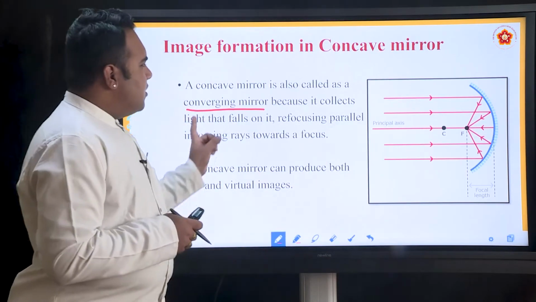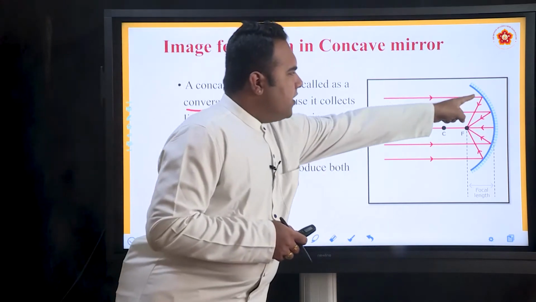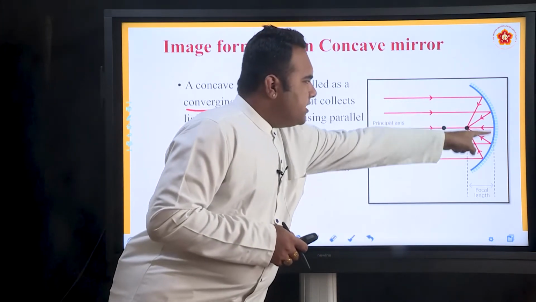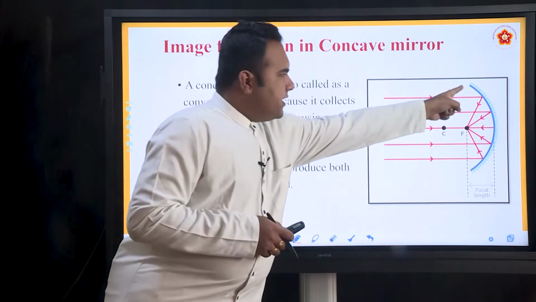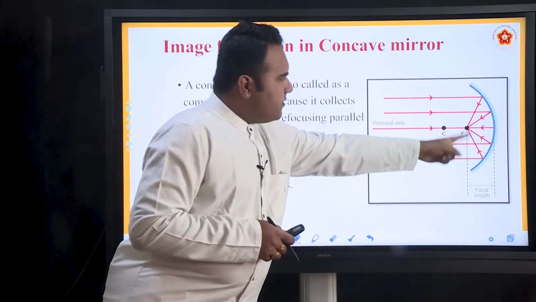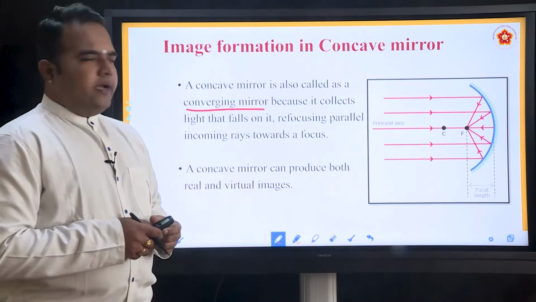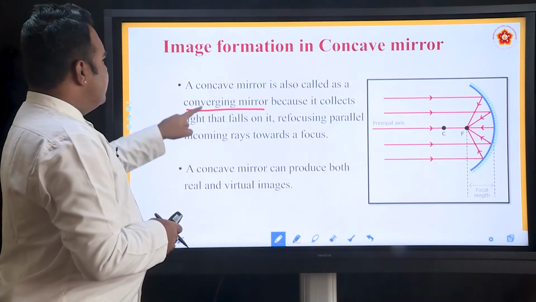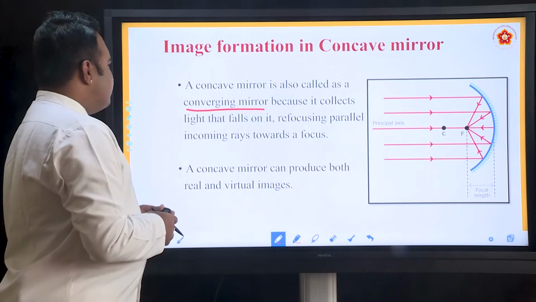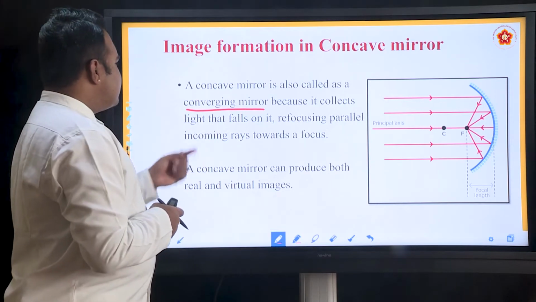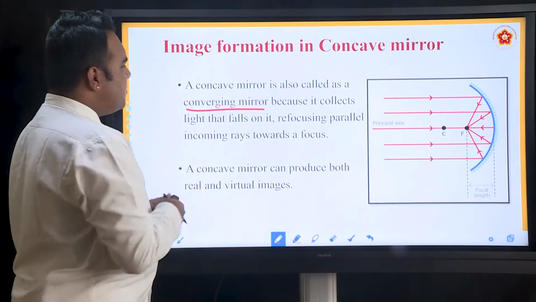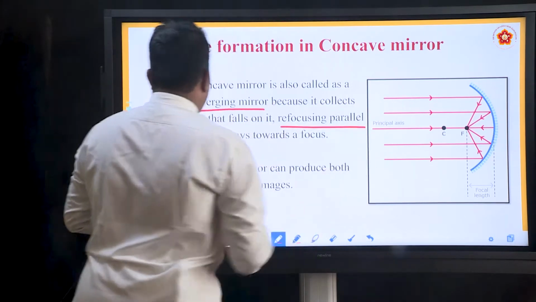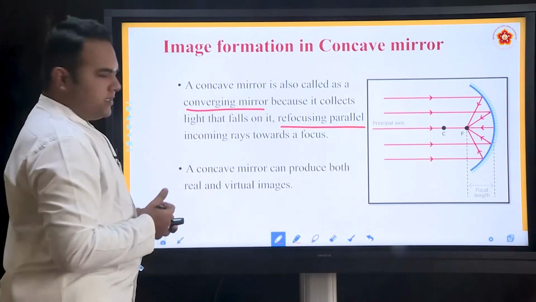All the rays of light falling at various points on the mirror are focused inwards, and hence we call it a converging mirror. A concave mirror collects the light that falls on it, refocusing the parallel incoming rays towards the focus.